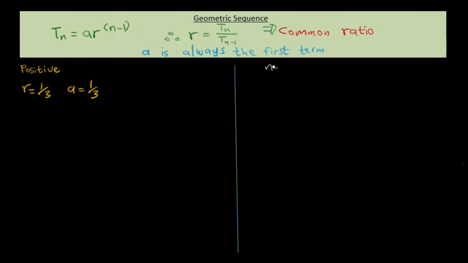And negative R, which was minus 1 over 3, gave us a negative value of A. So Tn will be, where the value of A is 1 over 3, 1 over 3 to the power of n minus 1.